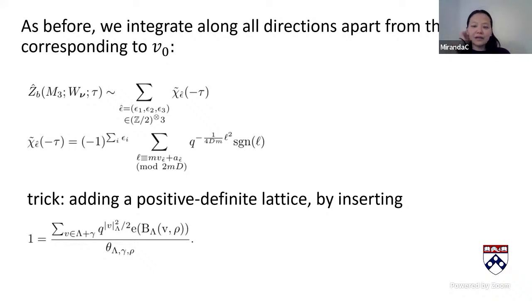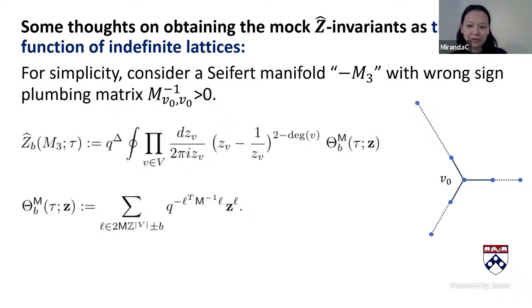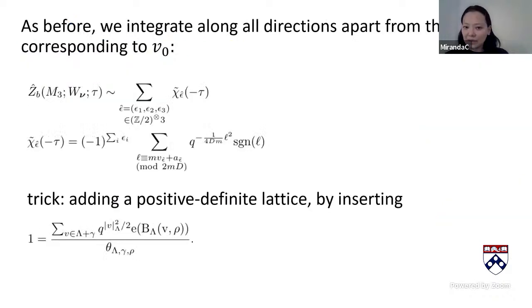So, to be very specific, let's focus on this kind of plumbing graph, the simplest one where you could do everything as explicitly as possible. So you could integrate all the directions out apart from the central node.